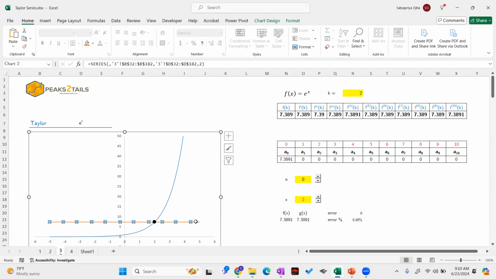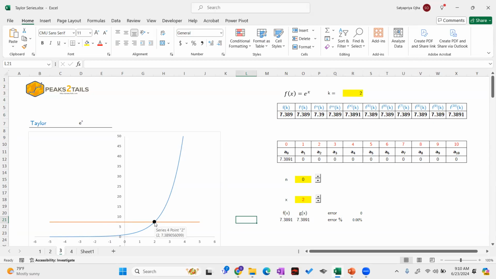Now this line does a perfect job at x equal to 2. It is designed to match the function at x, both coincide. But if you move away from x equal to 2, let's say we go back to 0, the function becomes 1, correct? E to the power 0 is 1, but the polynomial approximation is still at 7.387.